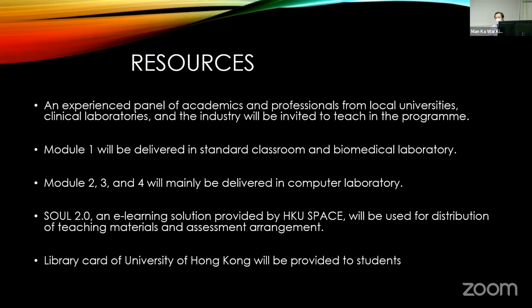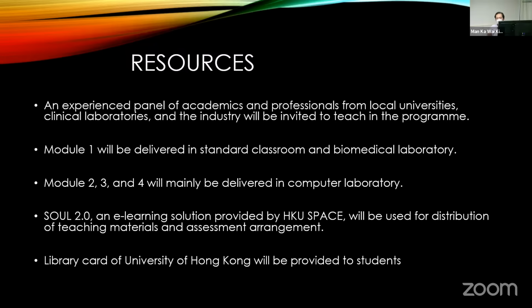Module 1, if you remember, is about genetics and the different technologies applied in the clinical lab. This module will be taught mainly in the classroom as well as in the biomedical lab. Modules 2, 3, and 4 have a lot of components related to computer setting, software, and data analysis, so these will be mainly delivered in a computer lab.